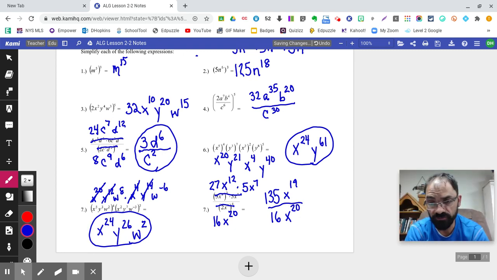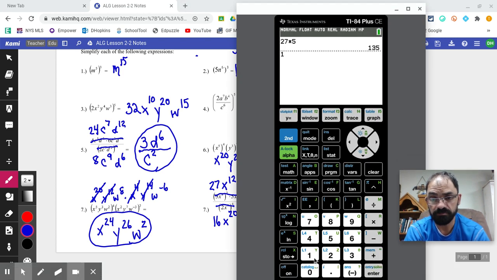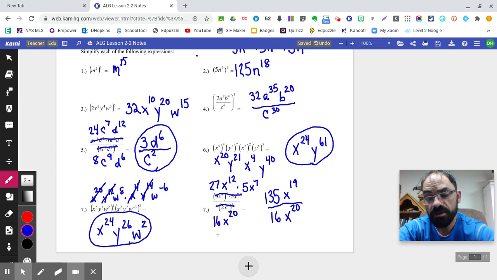Let's see if 135 over 16 reduces. And it does not. So 135 over 16 and x to the 19th divided by x to the 20th.